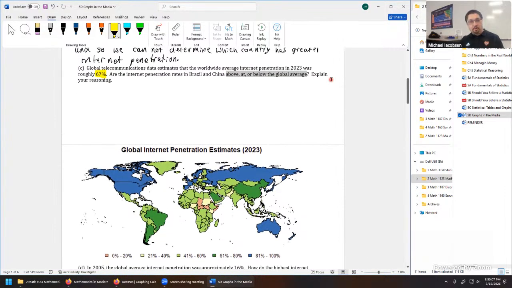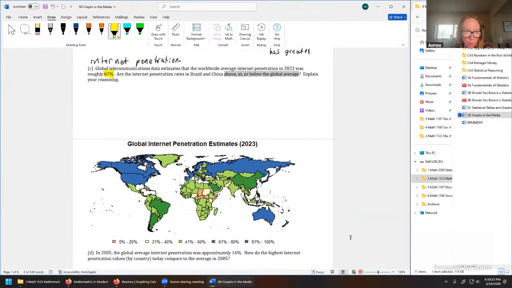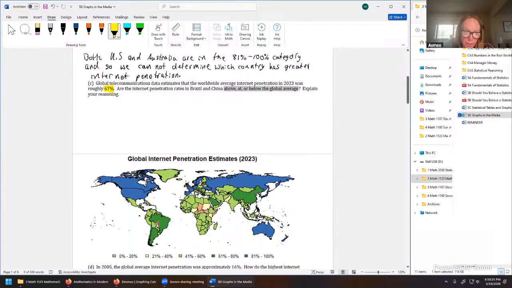Anyone notice the kind of problem with the way the question's posed in the first place? We don't know because they said 67 was the average and the range for both Brazil and China runs between 61 and 80%. We don't know specifically if it is at average or above or below.